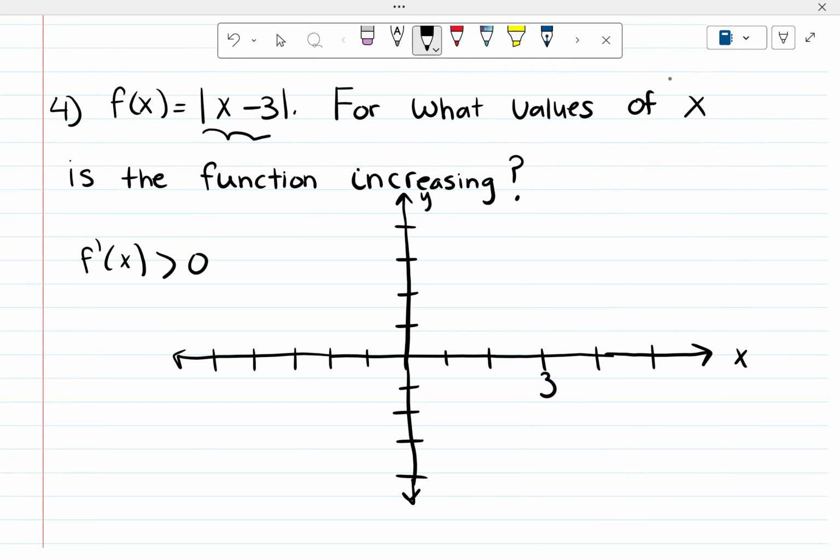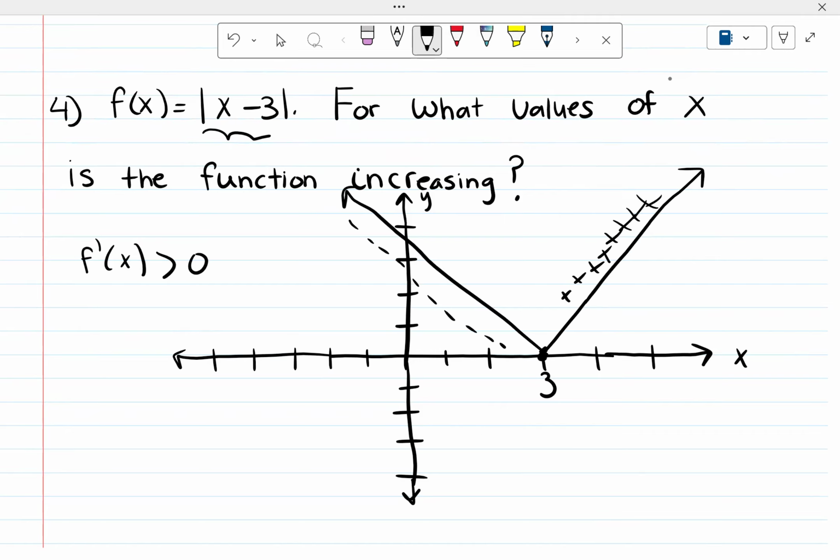So here's the x value 3, and it's going to look like this. And where is the function increasing? Over here, this is going uphill, and then over here it's going down.